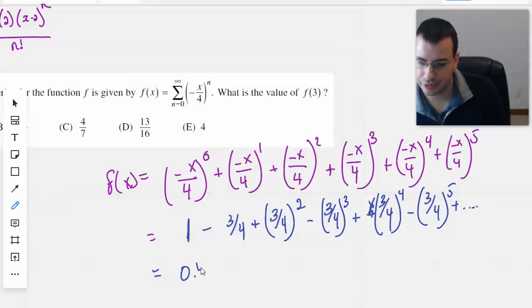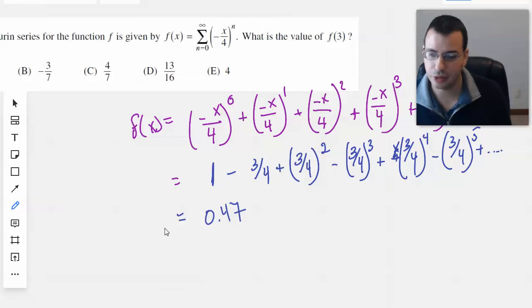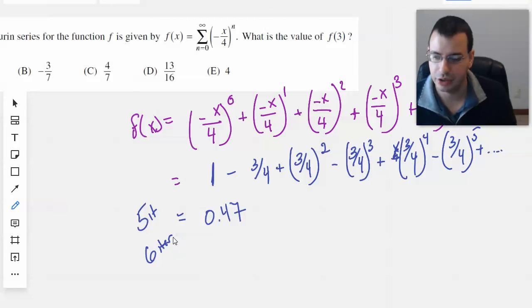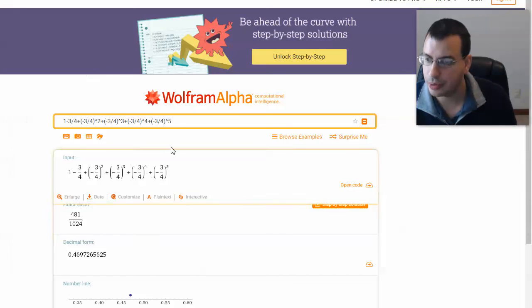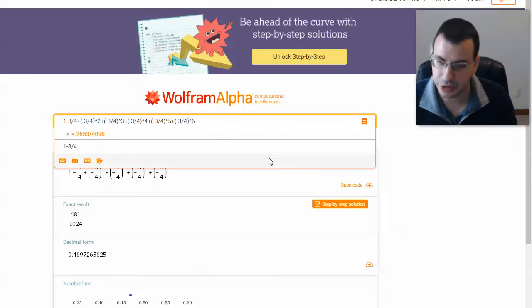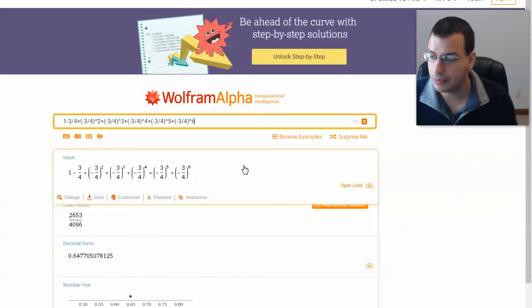And then we're going to add one more. So this is for 5 iterations. We'll do 6 iterations. So copy, paste, change the 5 to a 6. And we have 0.65.